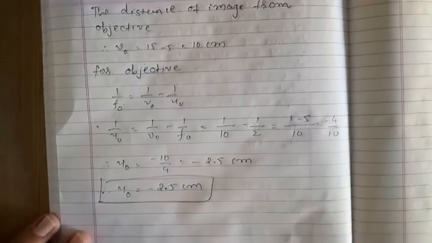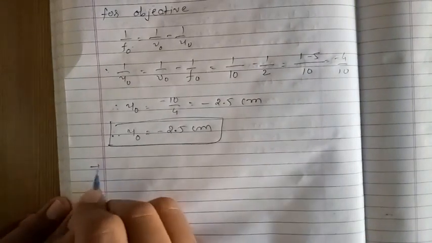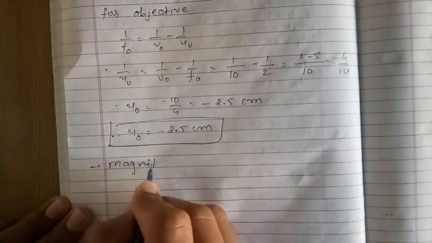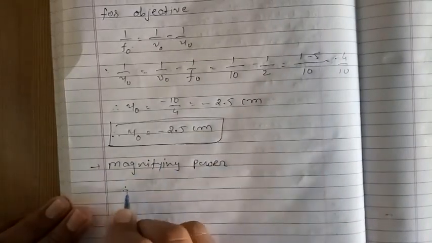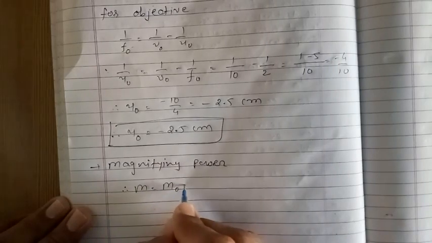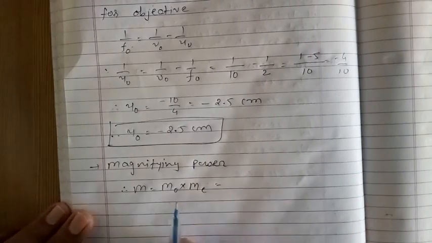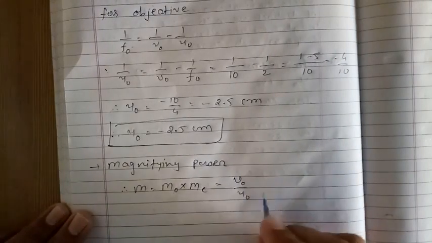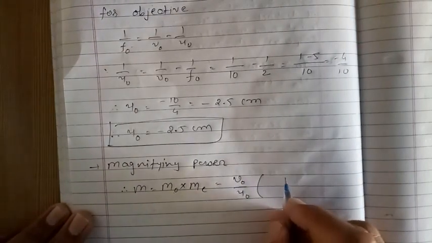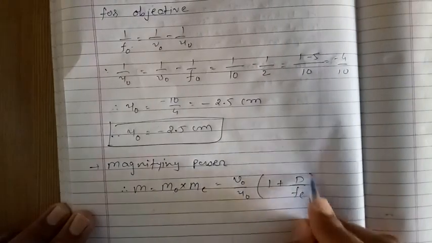We also have to find out the magnifying power. So magnifying power M is equal to MO into ME. Right. We know that M is equal to V by U. So we can say MO is equal to VO by UO. And ME, here the distance of vision D is 25, so ME is 1 plus D by FE.